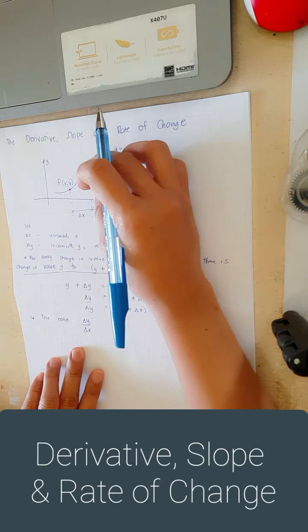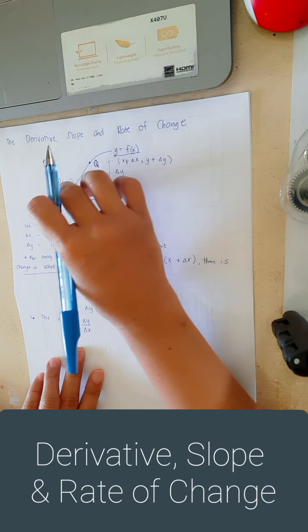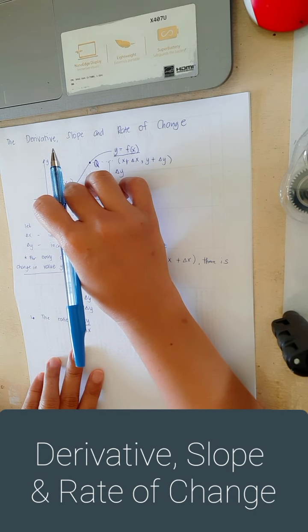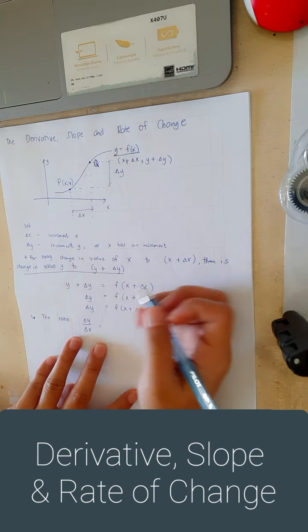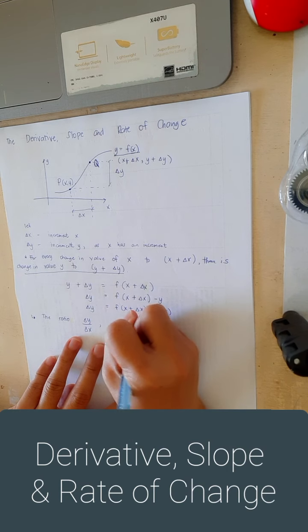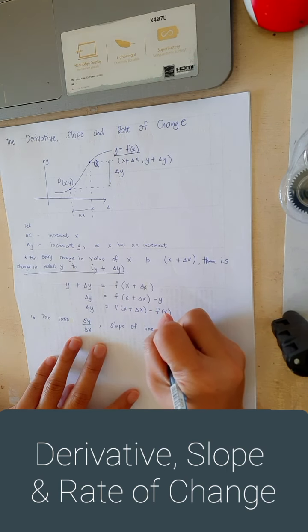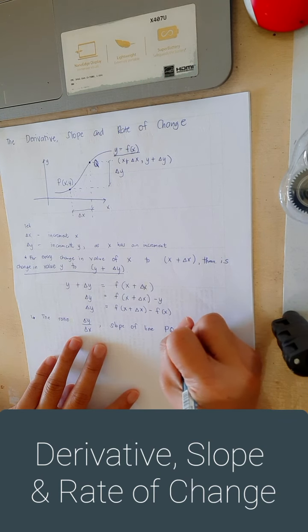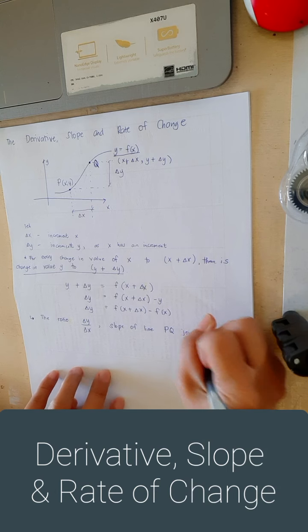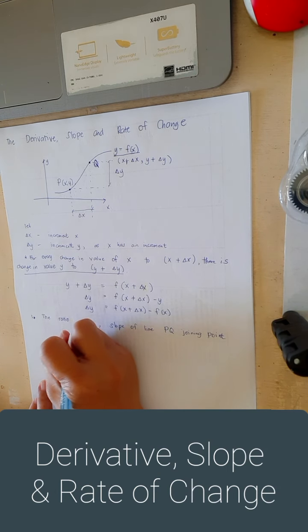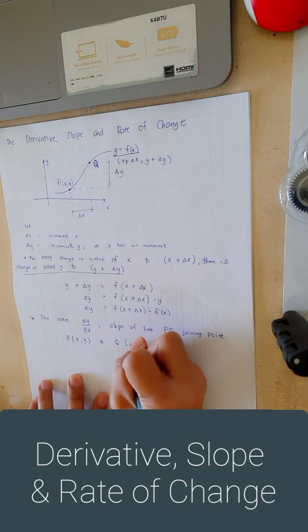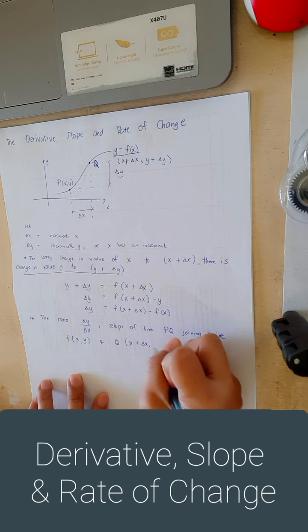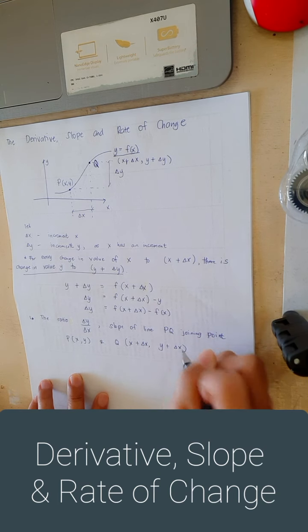The ratio of delta y over delta x is actually the slope of the line PQ joining points P with coordinates x, y and Q with coordinates x plus delta x, y plus delta y.